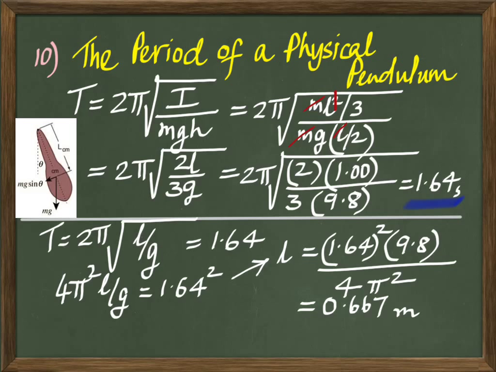Number 10, it's a physical pendulum as shown here, and as a formula, moment of inertia in this case is m l squared by 3 because it's a rod rotating about an axis passing through one end. It's m l squared by 3. So h is L by 2 because the center of mass will be exactly halfway through.